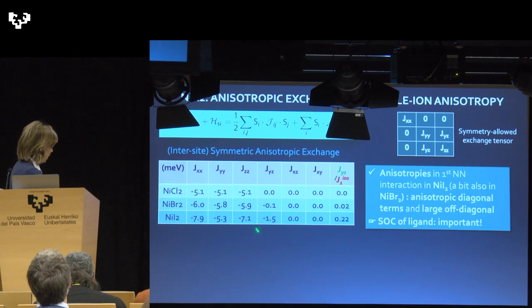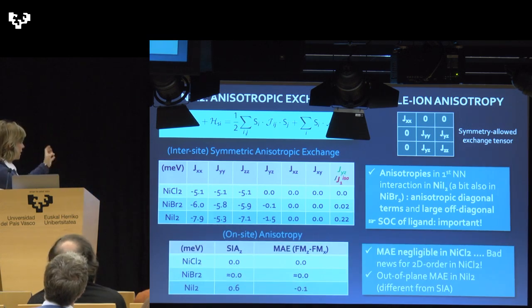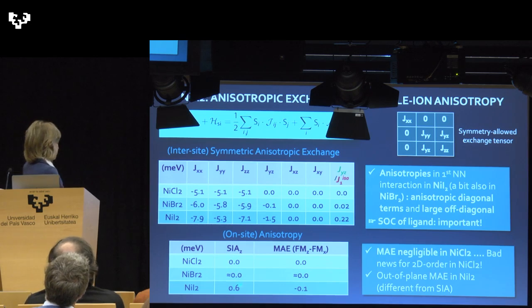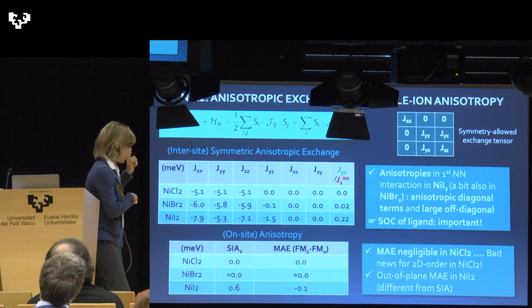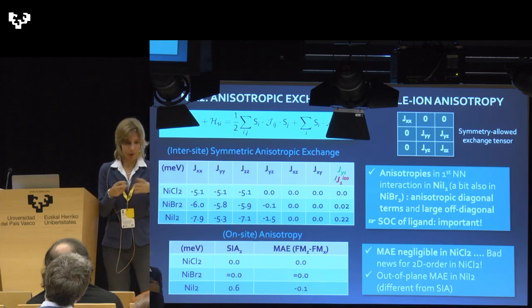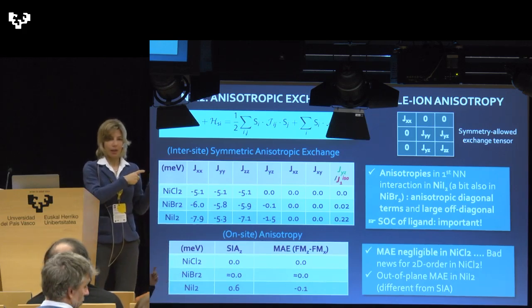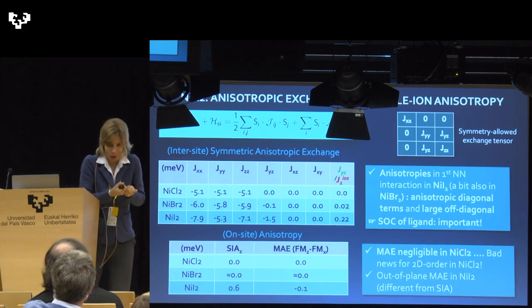So what is kind of exotic is that you have a strong anisotropic exchange, very strong. And then we also calculated the single ion anisotropy. So one word of caution: single ion anisotropy gives the usual anisotropy, but this anisotropic exchange is also giving an anisotropy.